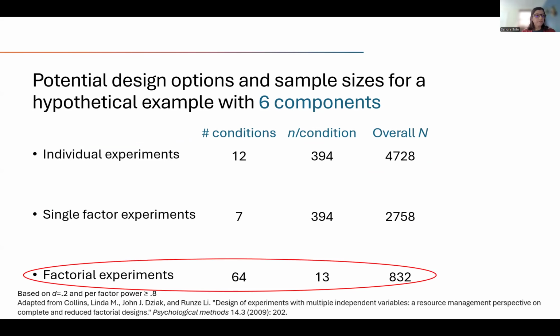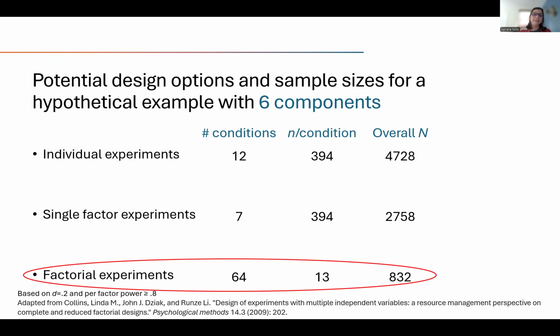And then in the factorial experiment, we have 64 conditions, which is a lot logistically to handle from the researcher side. But in terms of the sample, we only need approximately 800 participants. That is way more doable than the 4,700 or the 2,700.